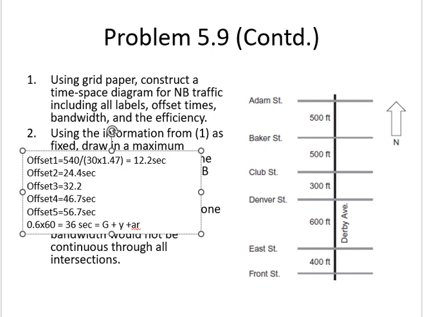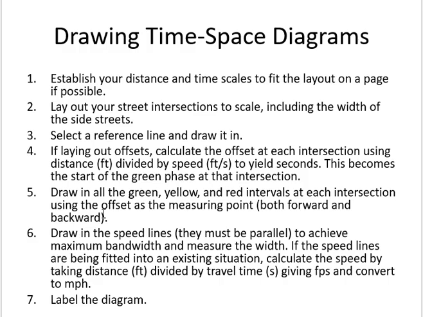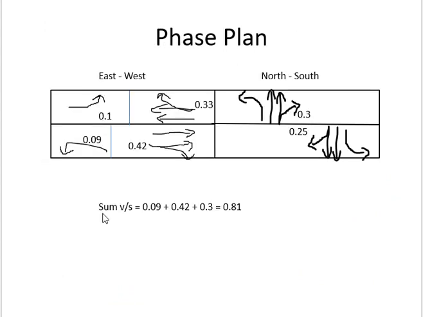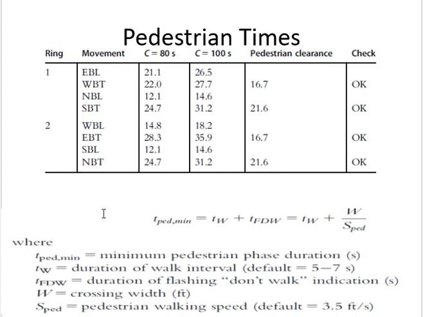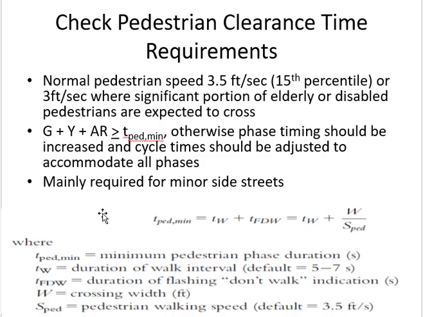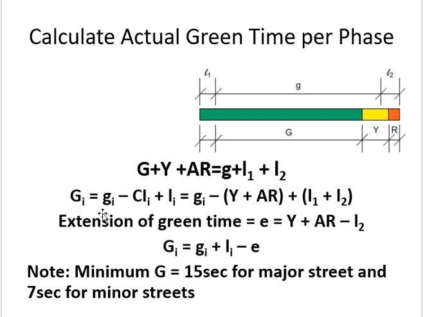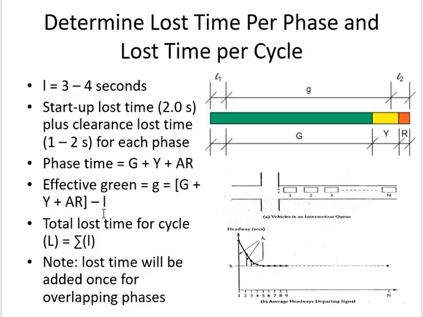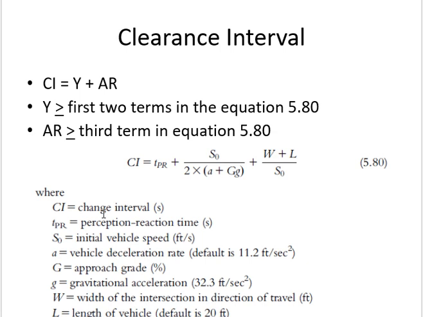Now for yellow and all red we have equations. So this will give us yellow and all red.